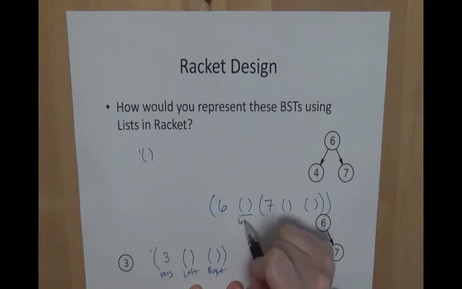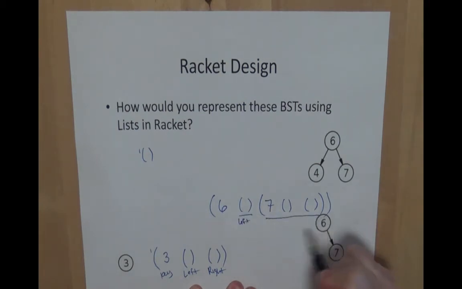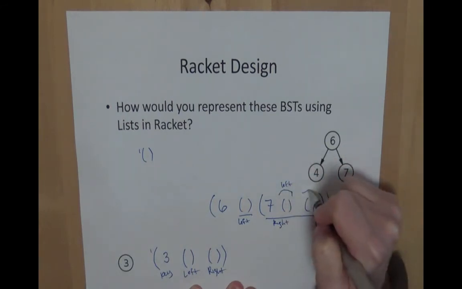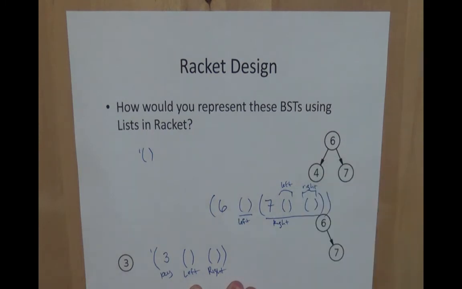So here we had the left, and here we had the right subtree. And then again within that 7 one, we had the left and the right. So hopefully this starts to make the recursive structure of these binary search trees clearer.